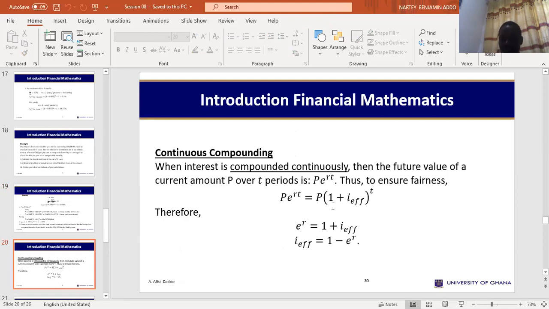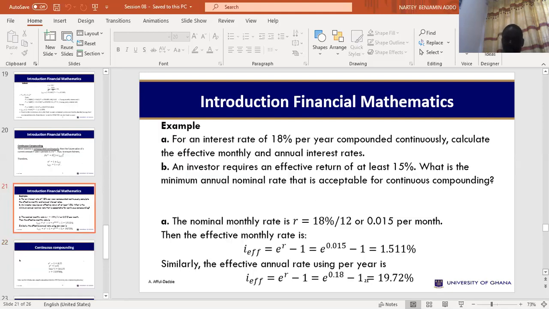And this is giving us (1 + i_eff)^T. That is, e^R is giving us 1 + i, that is a rate, and then the effective. So if you want the effective, then it is e^R minus 1. Okay. So this is an example.